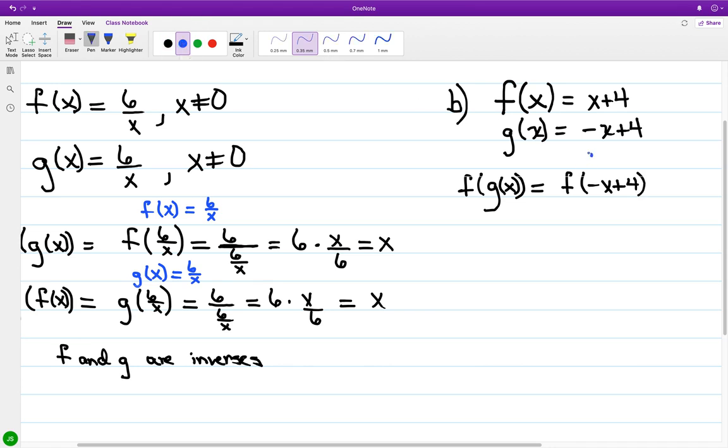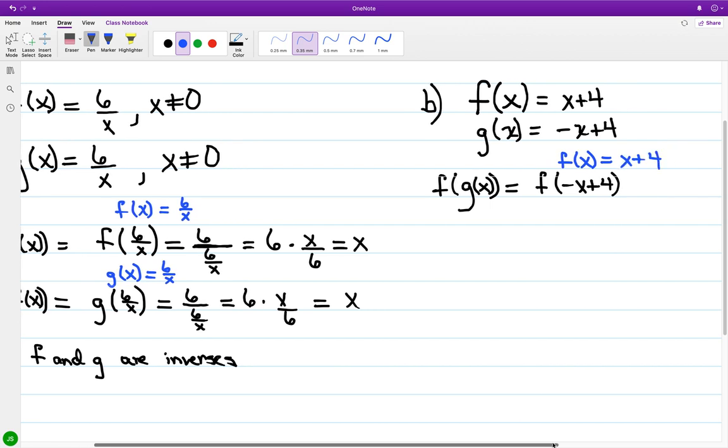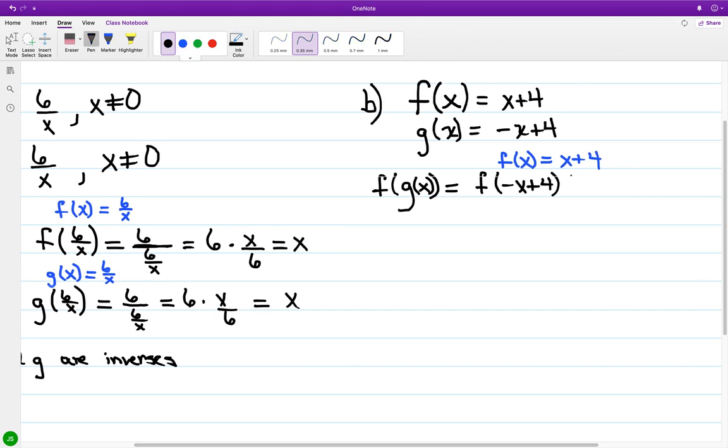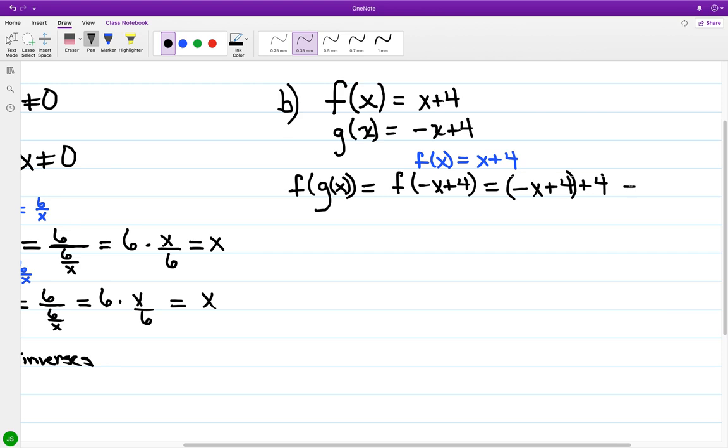And in accordance with f of the input equal to the input plus 4, we're going to have the input at negative x plus 4. So you're going to have, in place of x, negative x plus 4, and we have plus 4 once again. In following through, we're going to have constants to combine, and the output we're going to have is negative x plus 8.